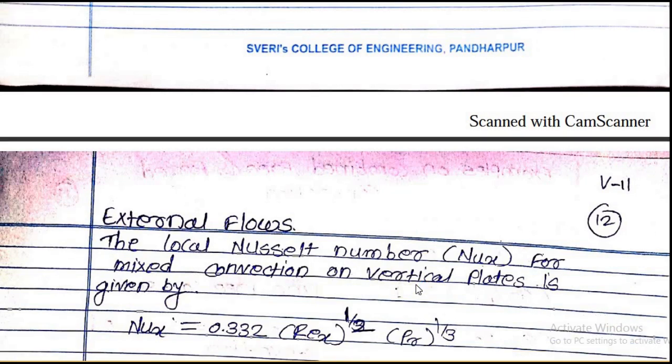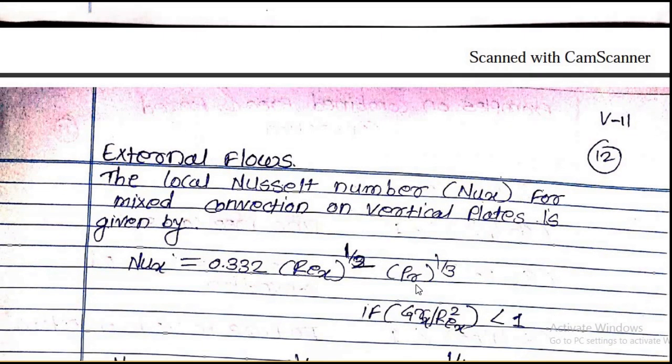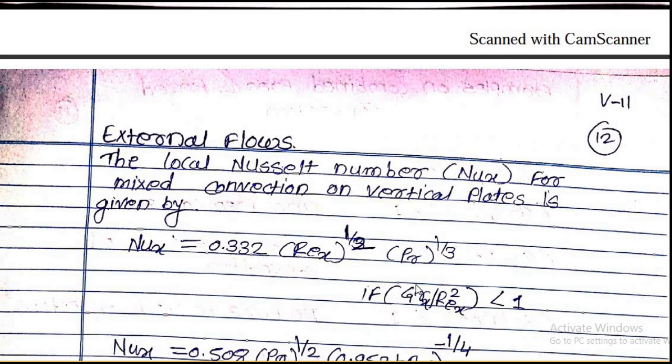Some correlations are there for external flows and internal flows. External flow is nothing but flow over a vertical plate. In case of flow over vertical plates, the local Nusselt number for mixed convection on vertical plates is given as Nu_x, the local Nusselt number, equal to 0.332 times Re_x raised to 1/2 multiplied by Pr raised to 1/3, where Re_x is the local Reynolds number and Pr is the Prandtl number.